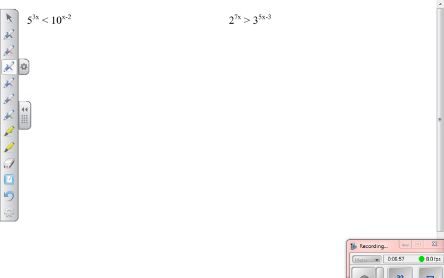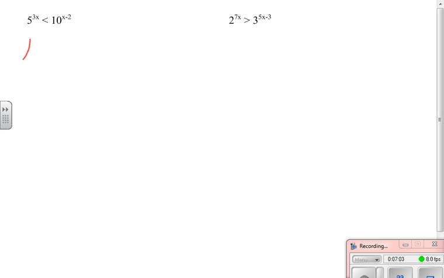Nothing really changes if I have an inequality. I can go ahead and take the log of both sides. So I'm going to have the log of 5 to the 3x is less than the log of 10 to the x minus 2. Go ahead and apply the exponent rule.